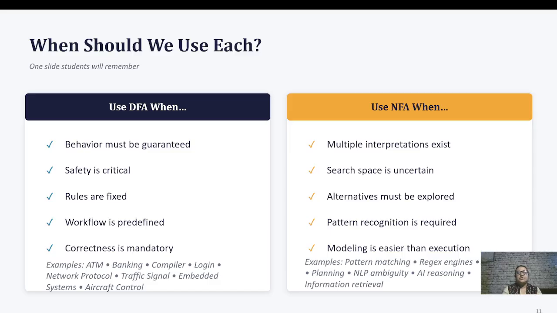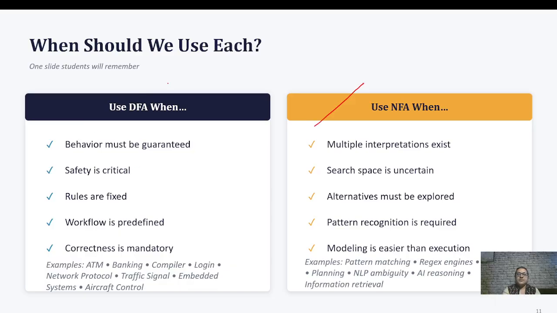So, when should we use a DFA and when is an NFA more appropriate? A DFA is preferred whenever the behavior is predictable, correctness is mandatory, safety is critical, and workflows are predefined, like banking systems, compilers, login authentication, communication protocols, embedded controllers, and aircraft control systems.